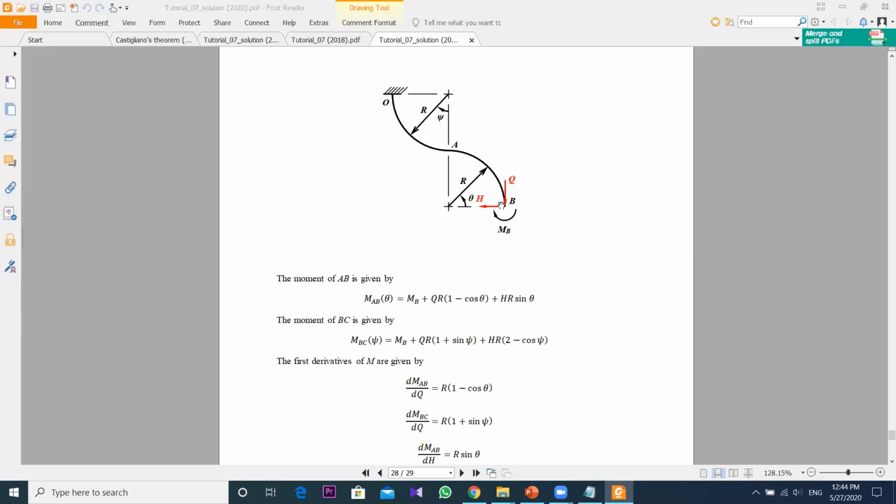Because if you want to find out the deflection, vertical and horizontal, you need to introduce a point load toward that direction, isn't it? These are dummy loads, Q, okay, and this is H, also a dummy load. So the Q, R cos theta. If you are going to get the bending moment somewhere here, this is R cos theta.